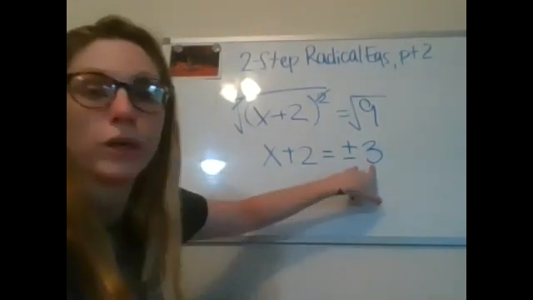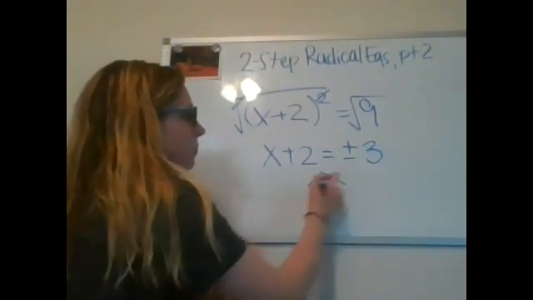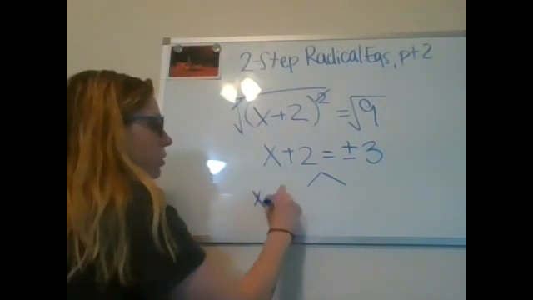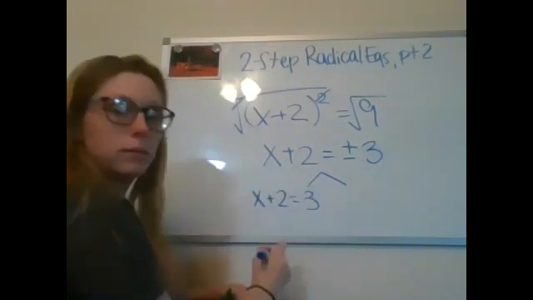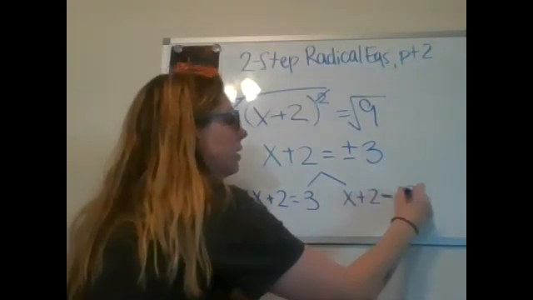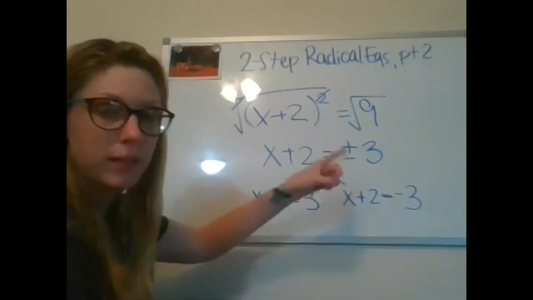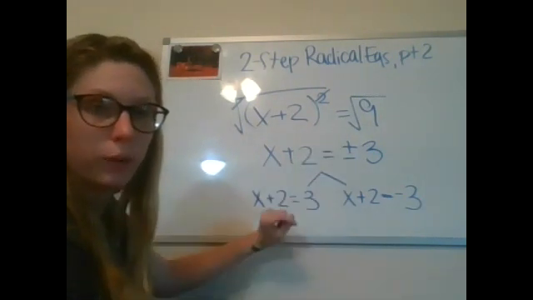So what this means is we're going to have two answers. We're going to break this up, and we have to look at x plus 2 equals 3, and we have to look at x plus 2 equals negative 3. Okay? Remember, there's always going to be a positive and a negative version when we take a square root.